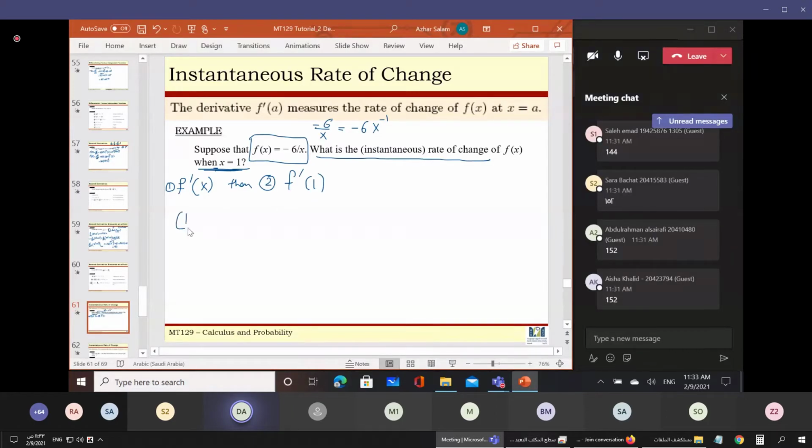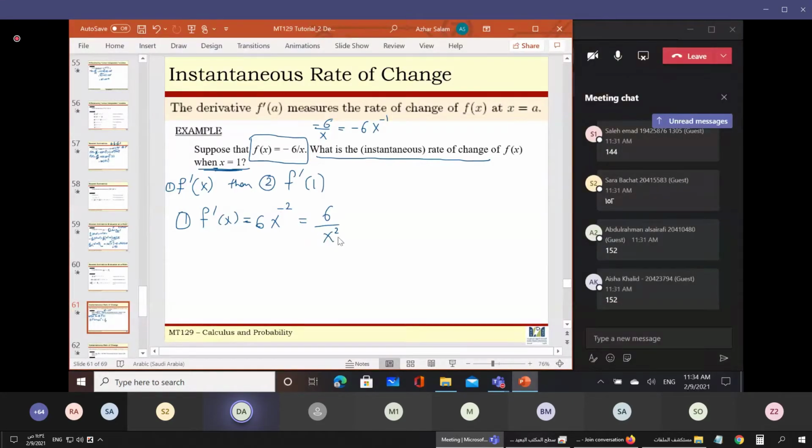So first, I differentiate this function. I rewrite it like that. So f dash of x is minus 6 multiplied by minus 1, which is plus 6, multiplied by x to the power minus 2, equal to 6 divided by x squared.